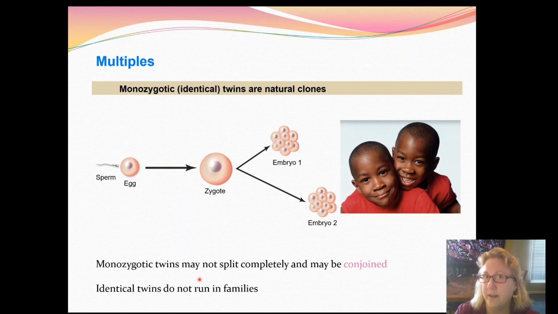Yeah, that's going to happen occasionally. If identical twins are completely randomly occurring in the population, occasionally there'll be multiple sets of identical twins in one family. But when you analyze population data, it indicates that identicals do not run in families, so it's not genetic.